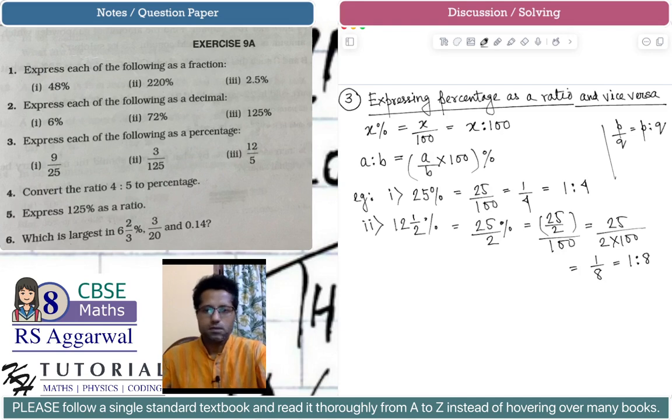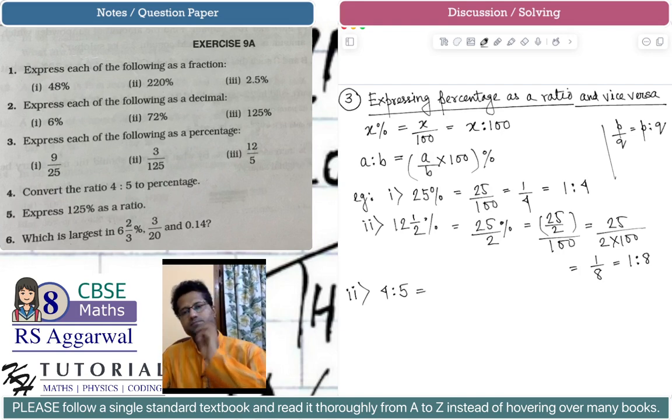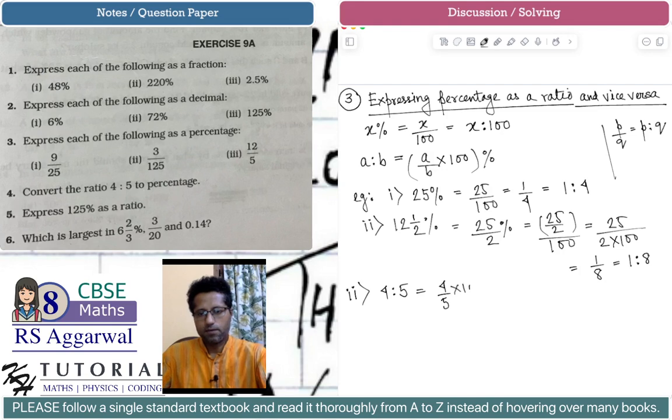Now let's see how we convert a ratio to a percentage. Let's say we want the ratio 4 is to 5 as a percentage. The formula is 4 by 5 multiplied by 100 percentage.